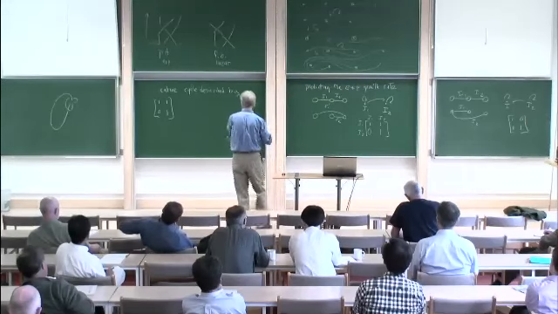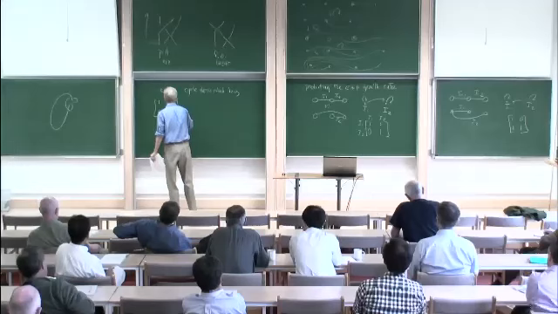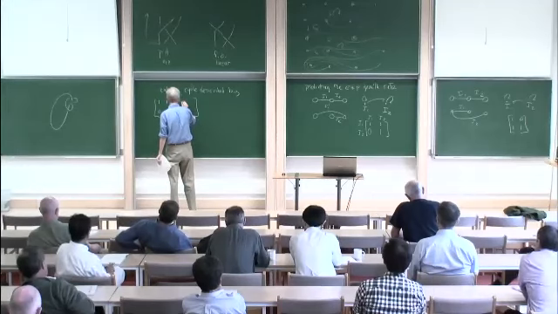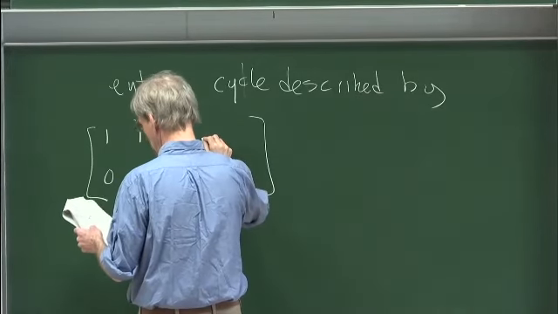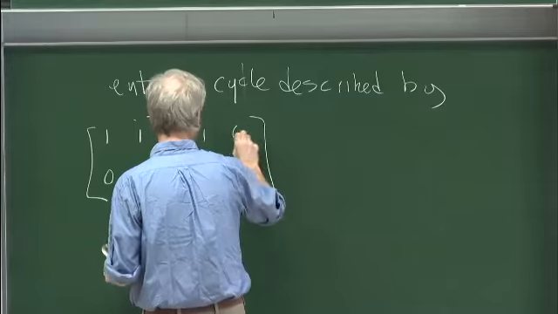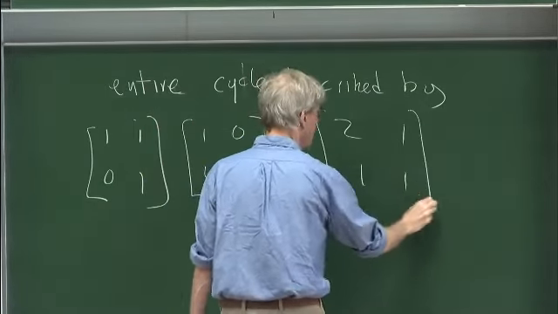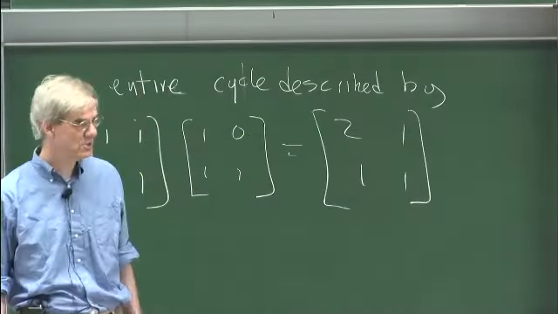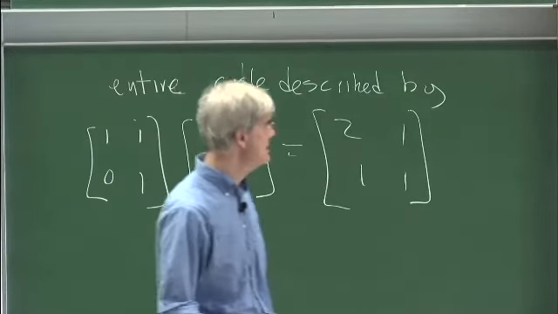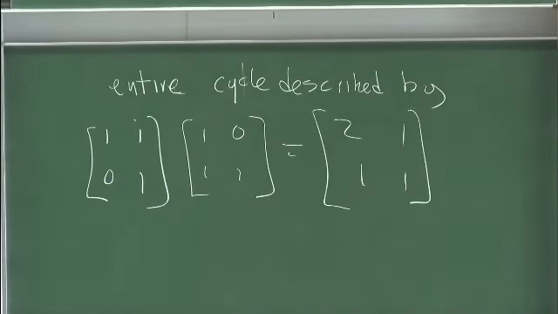But we do this times this. And then we get 2, 1, 1, 1. Okay, so this describes doing this and then that.